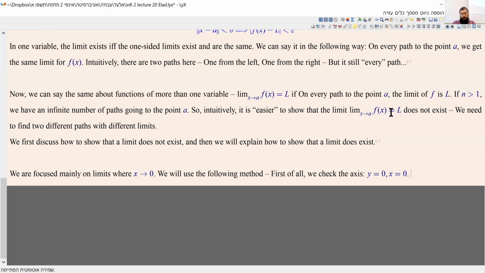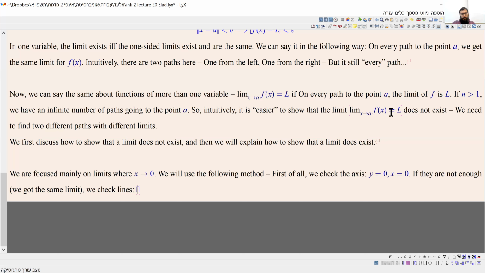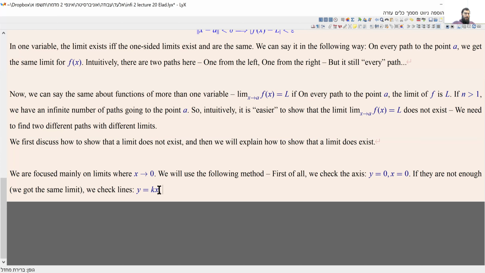If they are not enough, because you get the same limit, we check straight lines, something like y equals k multiplied by x. Because we're going to 0, y equal to k multiplied by x is actually going to the point 0, 0.